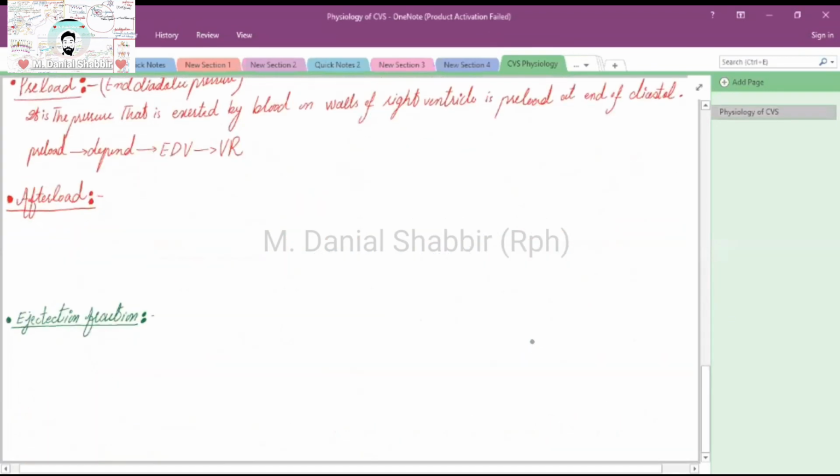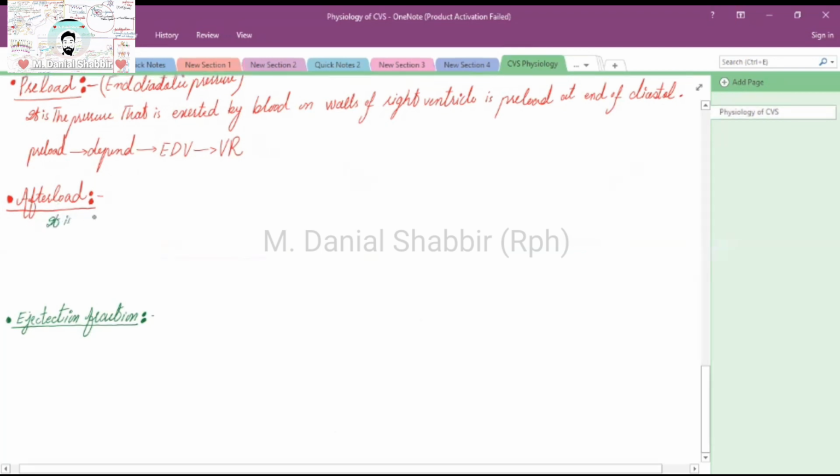Afterload is a pressure that the heart must overcome to eject blood during systole.